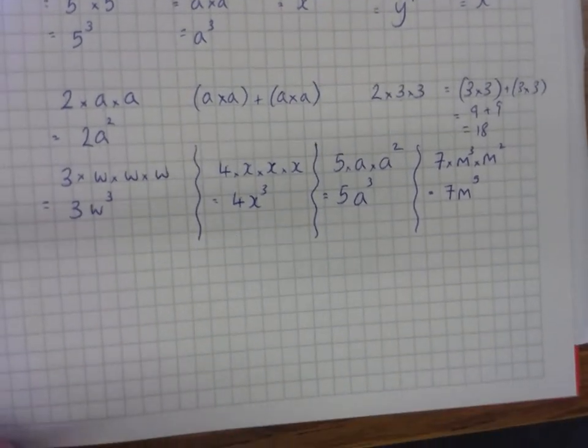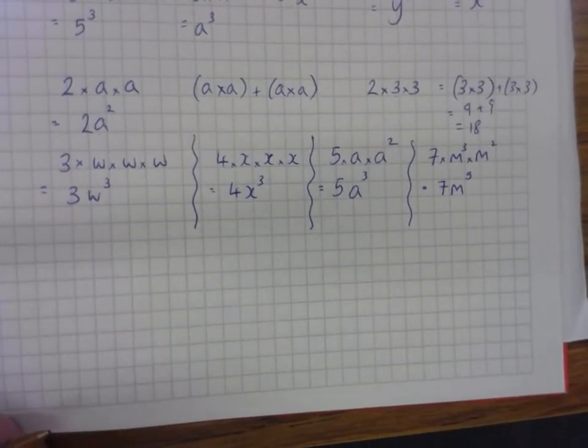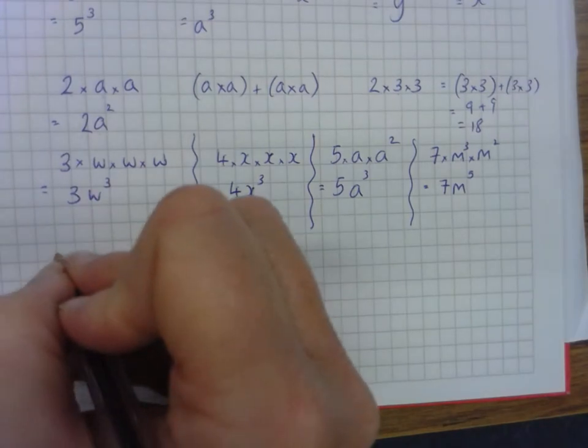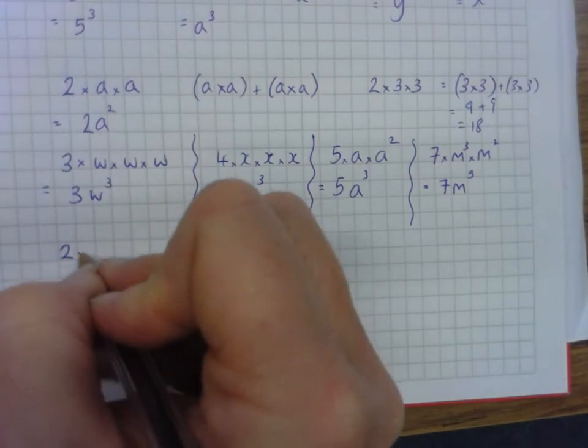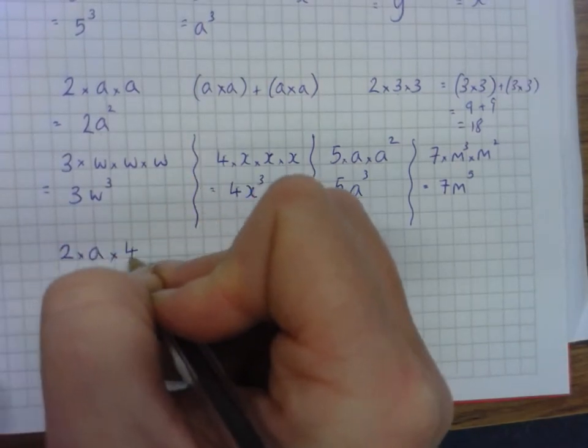Now, what happens if we have something like this? 2 by a by 4 by a.